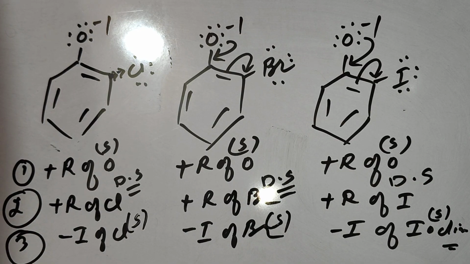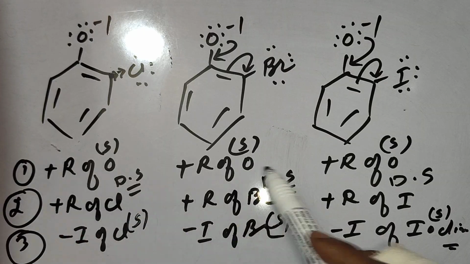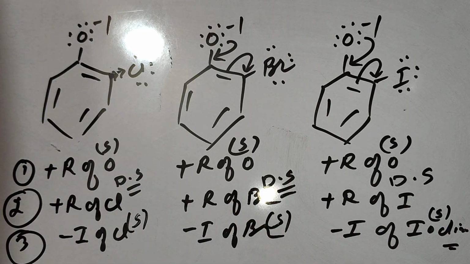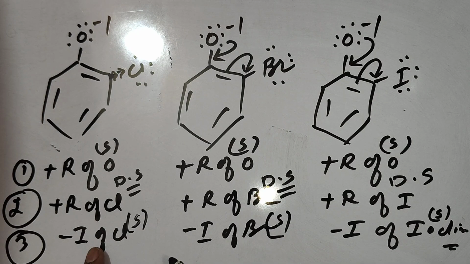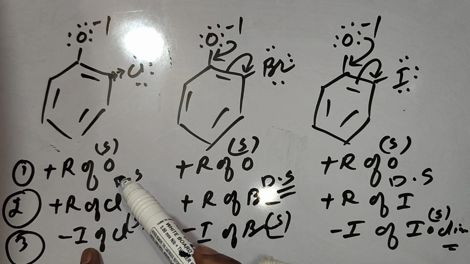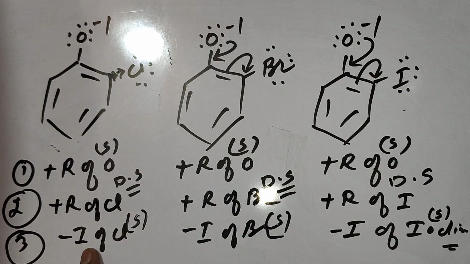Okay. Now let's conclude. The first factor is the same in all cases, so this is not going to decide the stability order. Go for the second one now. Here we have plus R of Cl. Here also we have plus R of Cl. Third factor, minus I. Plus R is saying D.S., means destabilize it.